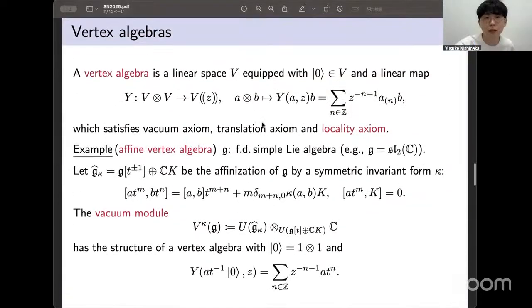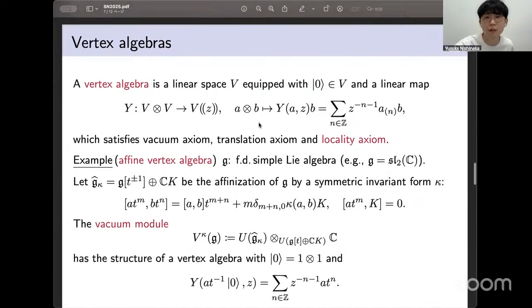Vertex algebra is a linear space V equipped with the element vacuum and a linear map Y. This is called vertex operators and satisfies some axioms.